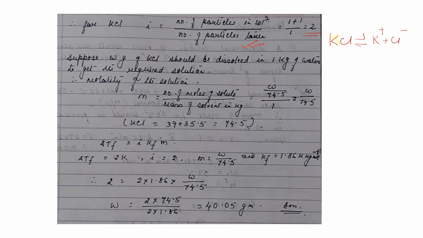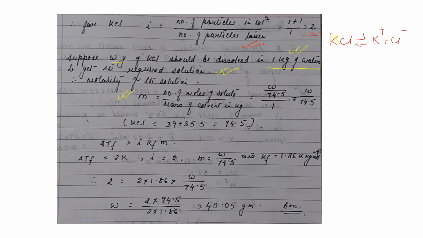Suppose W gram of KCl should be dissolved in 1 kg of water. In the question only it is given how much KCl has to be dissolved in 1 kg of water, to get the required solution. So, molality of the solution m is equal to number of moles of solute divided by mass of solvent in kg, and mass of the solvent is 1 kg given.